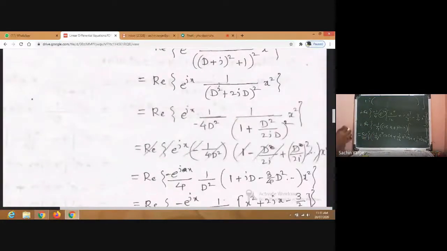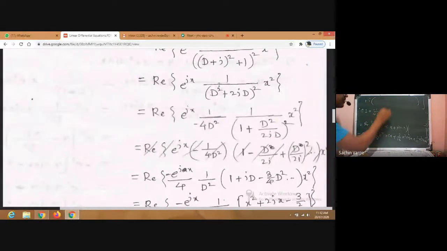Because the particular integral is the real part of the whole complex number. So what is the real part? That is my answer. So what is the real part here? Therefore, PI is equal to, who will tell? Real part is this, right? This is your real part. So that is our final particular integral. That is minus 1 by 48. Don't get confused with the calculations, you need to check those calculations again.